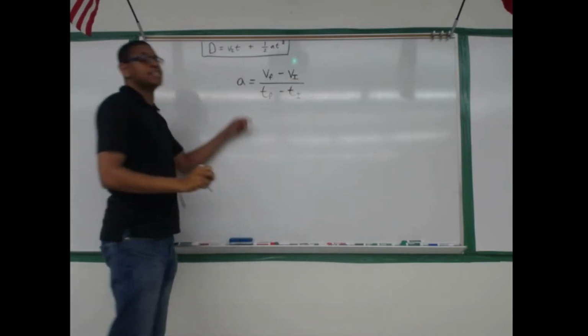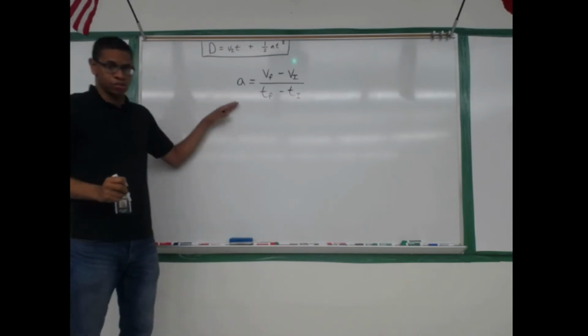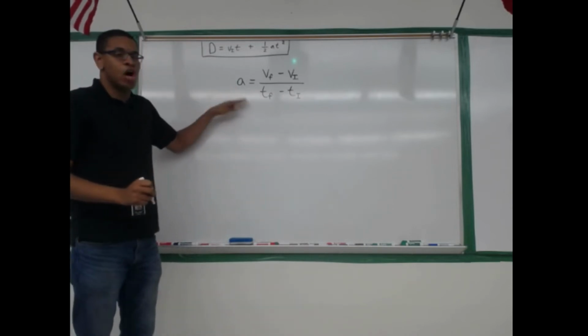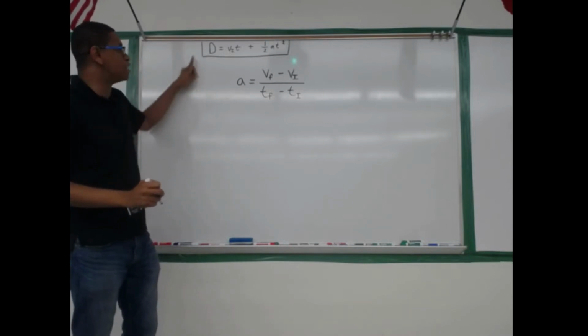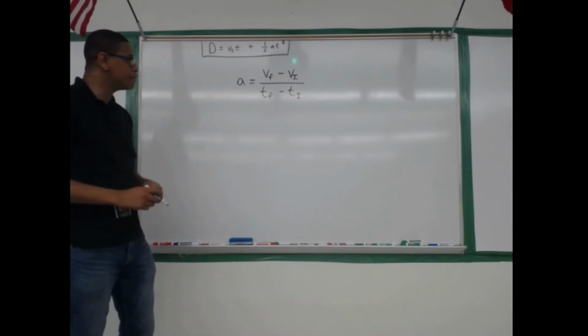So this is the mathematical definition of acceleration. We're going to need to know this in order to ultimately get at this. This is what we're trying to arrive at here.